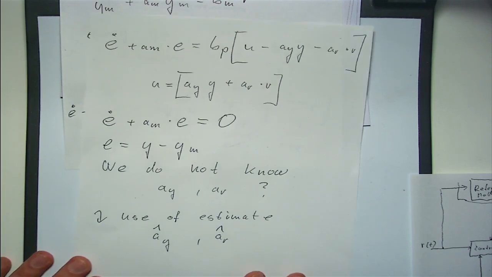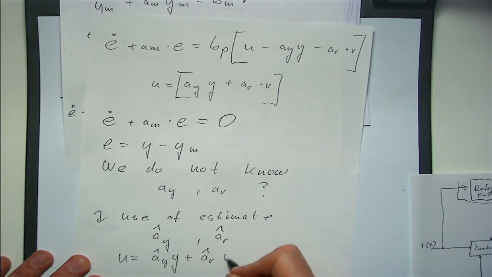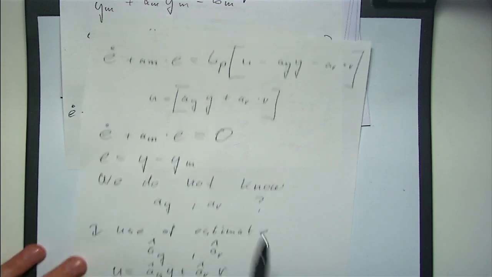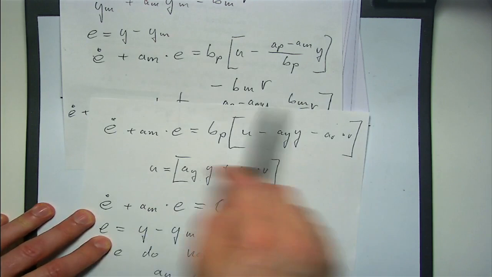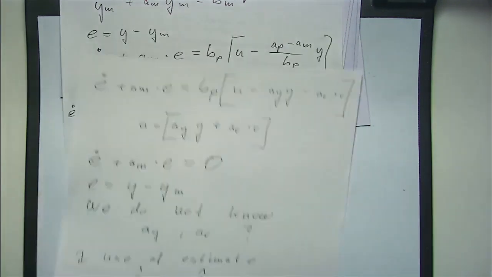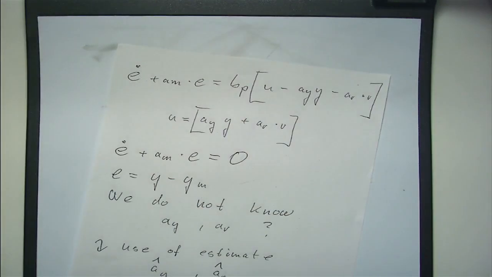So U is changing now, which is now AY hat times Y plus AR hat times R. But that means our closed loop behavior based on this one here changes. And we need to understand how we create the so-called adjustment mechanism which guarantees us closed loop stability.